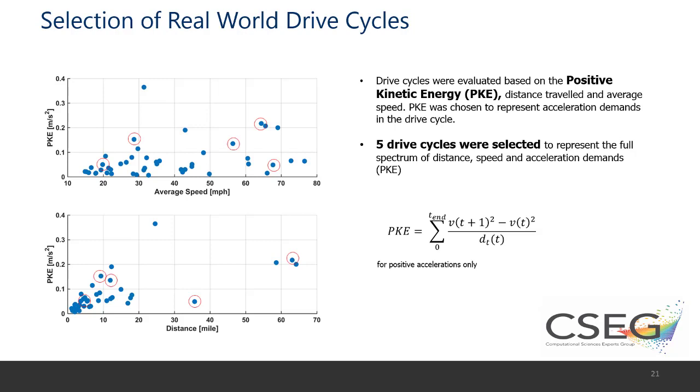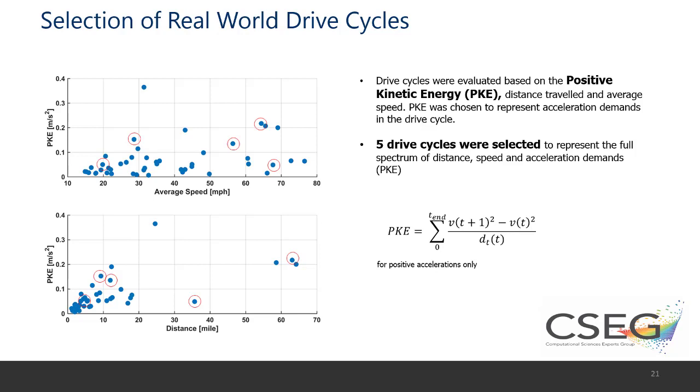So we used a measure called the positive kinetic energy, and we evaluated the drive cycles for the positive kinetic energy. And so we looked at how the positive kinetic energy changed for different drive cycles with different average speeds and different driving distances.